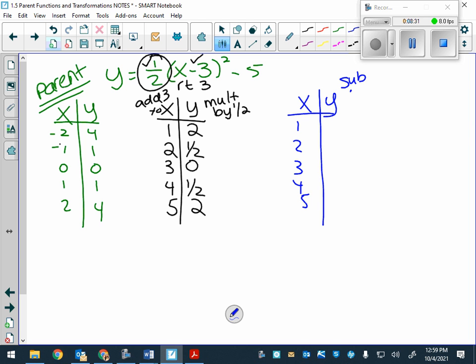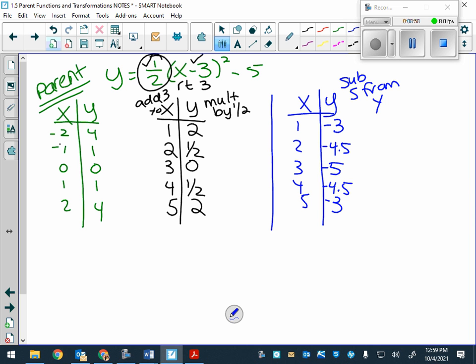Subtract 5 from y. So what's 2 minus 5? -3. If I know this one, what else do I know? Good. All right. 1/2 minus 5. And 0 minus 5. Okay. Which was our vertex as well.